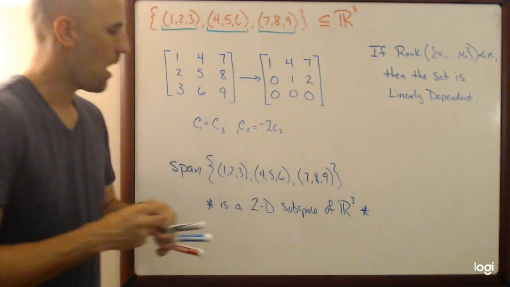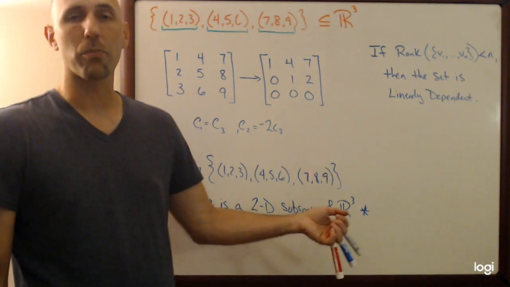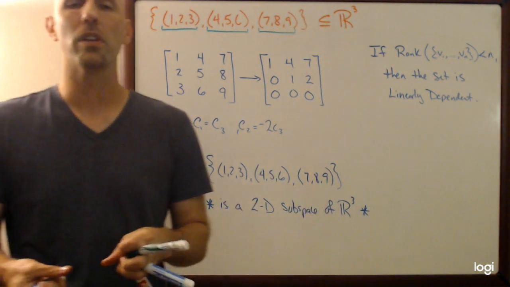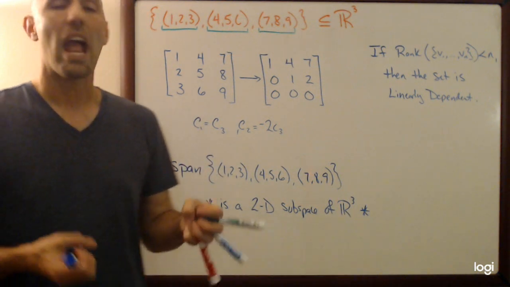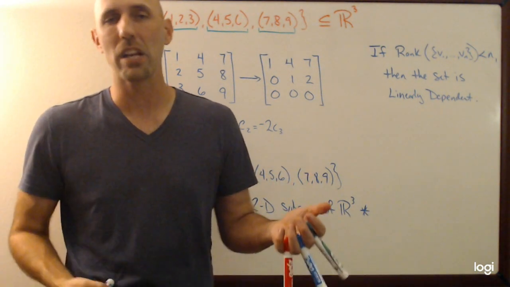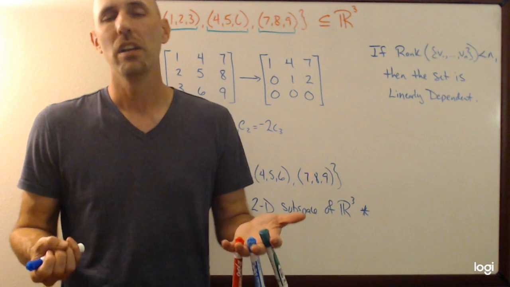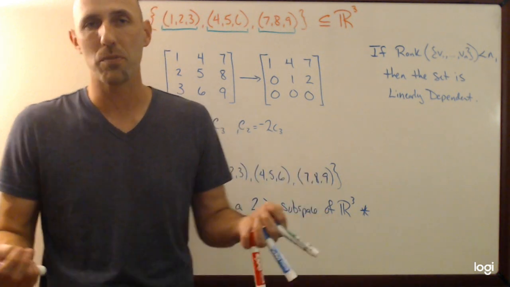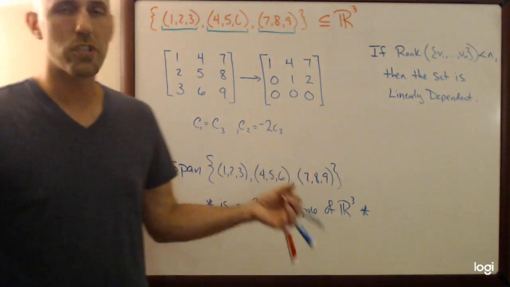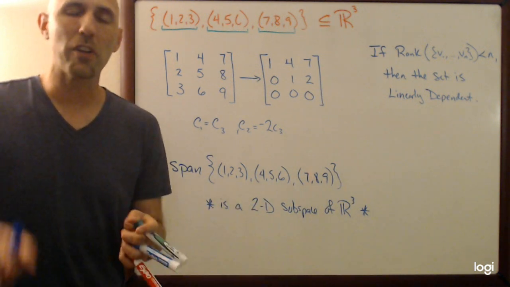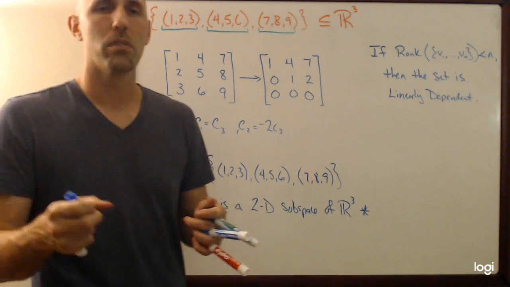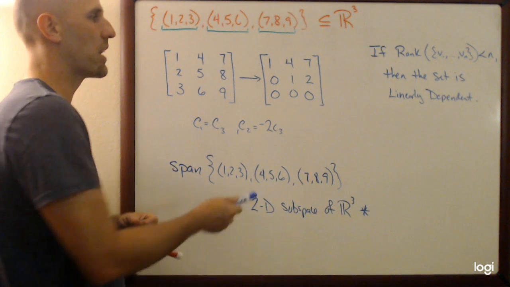I know it's a subspace of R3. We talked about that during the section on spanning sets. The span of every collection of vectors is a subspace. The question is which subspace. So I know it's a subspace, and I know very specifically it's 2-dimensional, because the rank is 2.